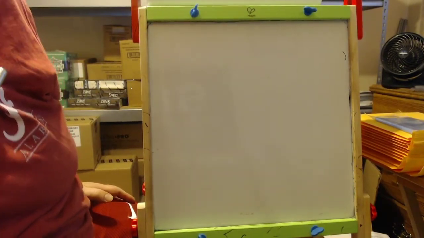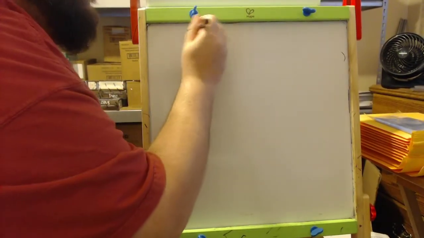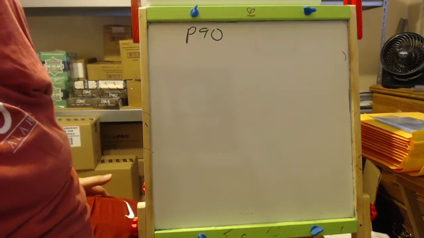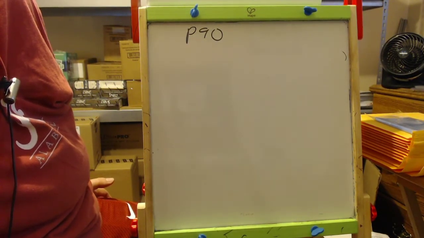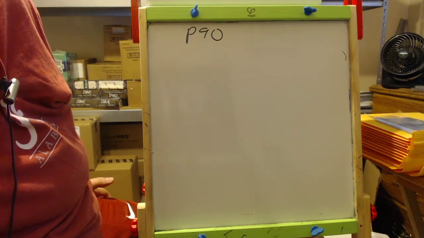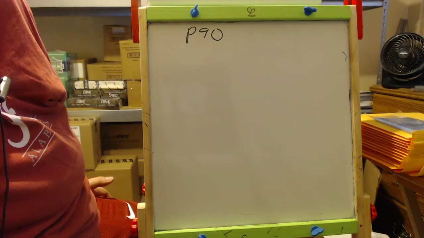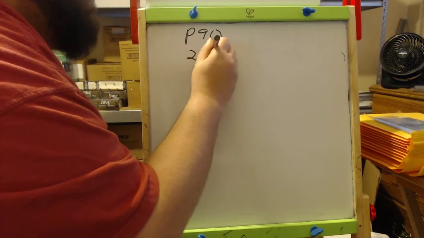Page 90. And let's see, naming compounds. Here we go. Last one I gave, I think, is 2.89. So we're going to go 2.90 to 2.93. We're skipping acid naming.